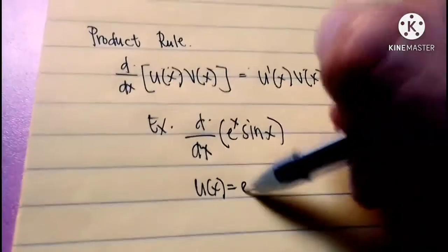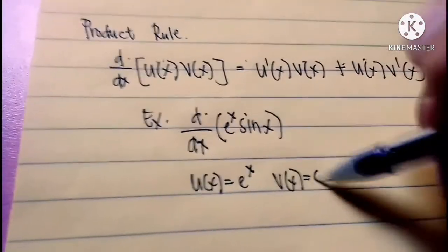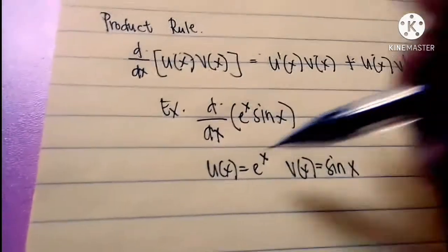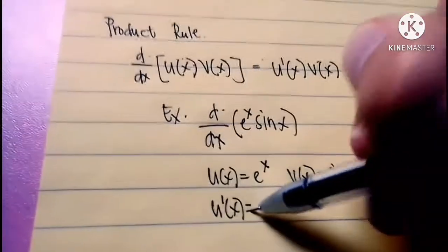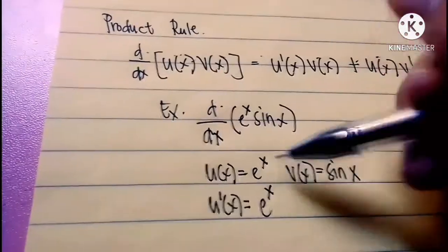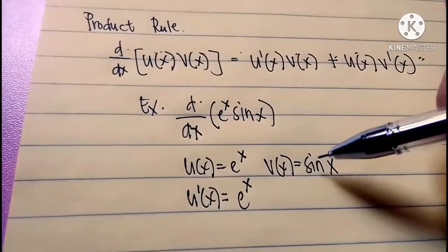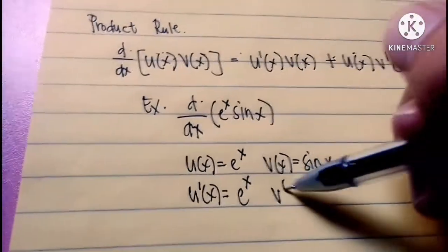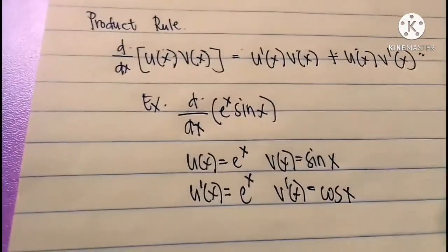It is e to the x, and v of x is sine x, and the derivative of u of x, u prime x, is equal to e to the x. It is still the same. Then the derivative of v of x, v prime x, is equal to cosine x.